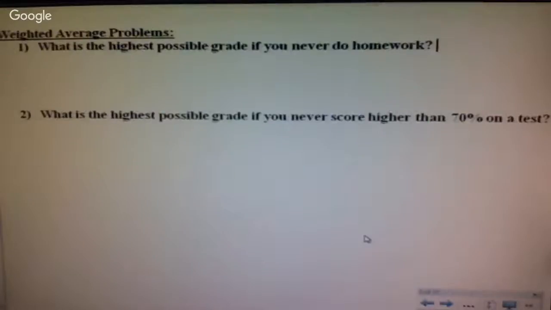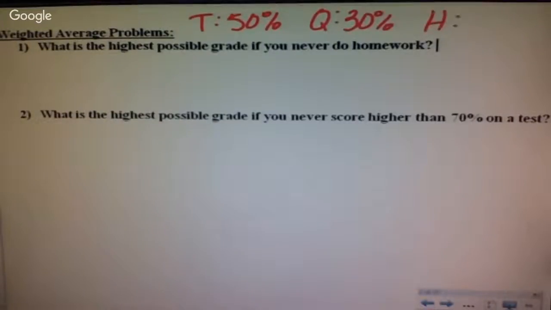Okay. So let's talk about this. We already know that tests were 50% of your grade. We know that quizzes were 30% of your grade, and homework was 20% of your grade. We've already looked at that.